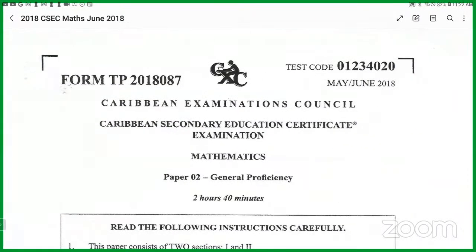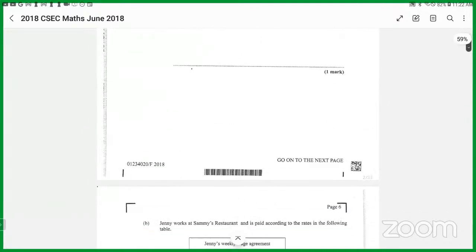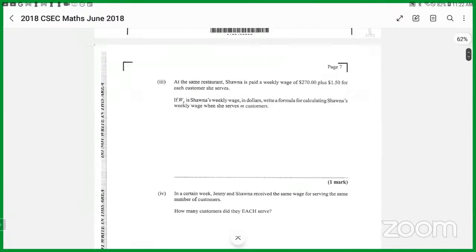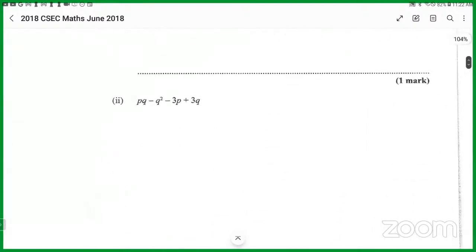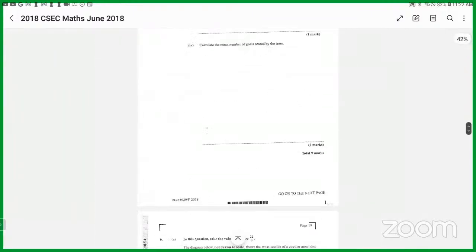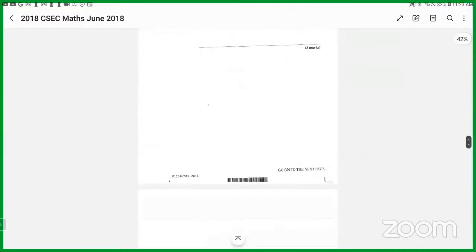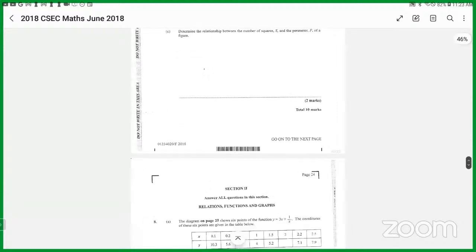I think I sent you this paper last night, 2018, and I asked you to do just a few simple questions. This one and this one under here, right? And then I told you to do 8B as well, on the same paper. Let's see.